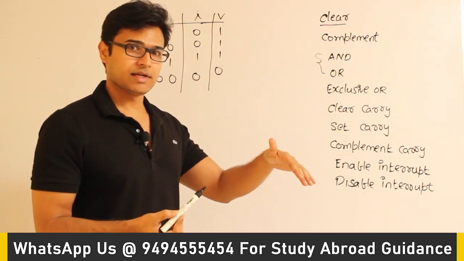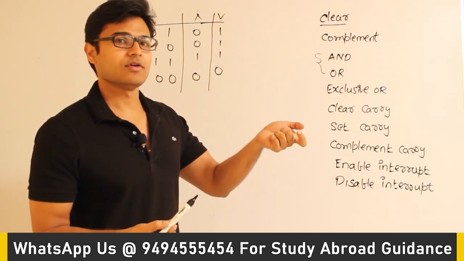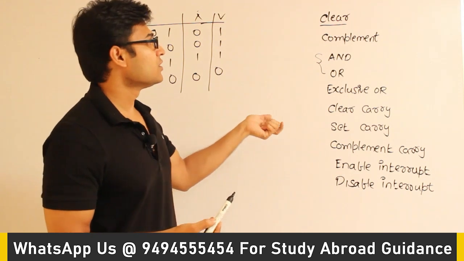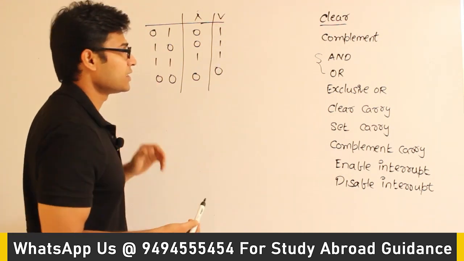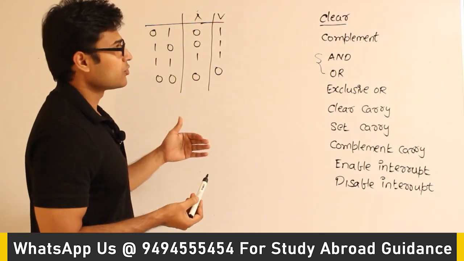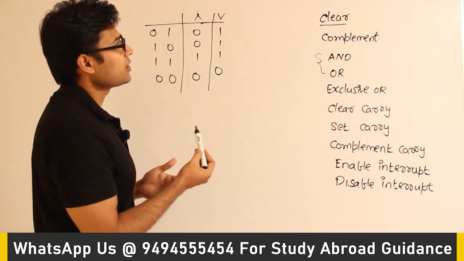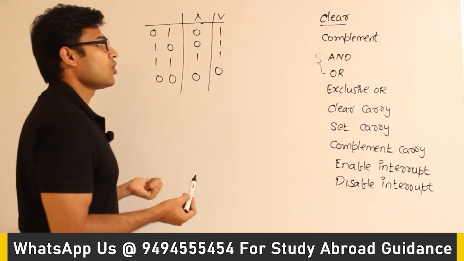Therefore the flip-flops have this clear option within themselves, so we need not implement it separately. It is already implemented. Clear is nothing but changing all the bits to 0. If you apply clear input to a register, all the bits of the register are changed to 0.